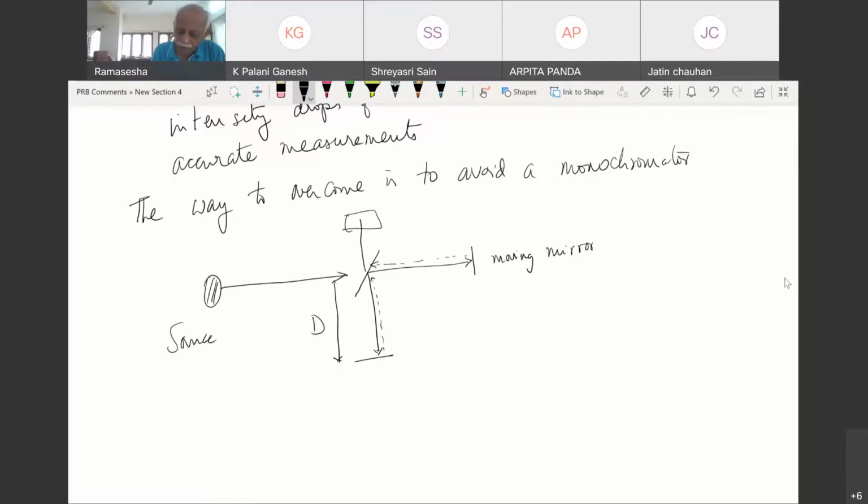Now this one is going to the sample, and from there to the detector.